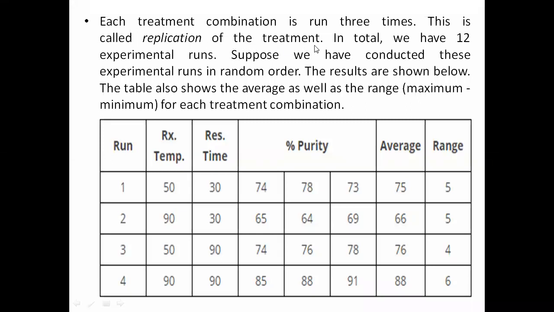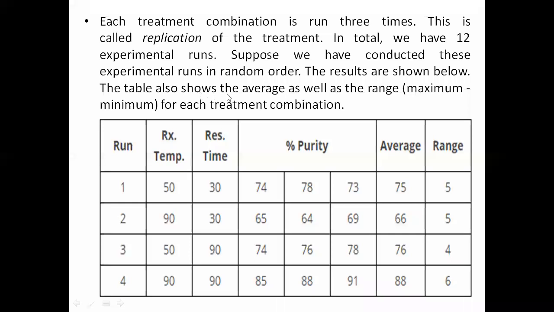In total, we have 12 experimental runs, right? 4 times 3 is 12. Suppose we have conducted these experimental runs in random order, and the results are shown below.